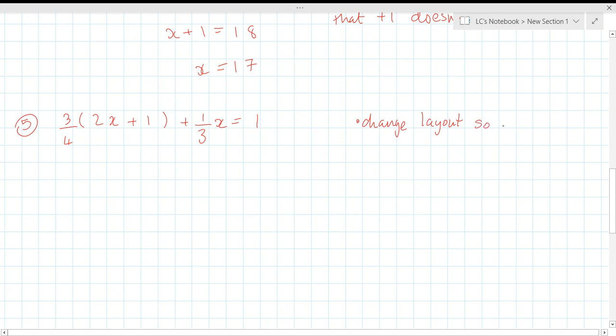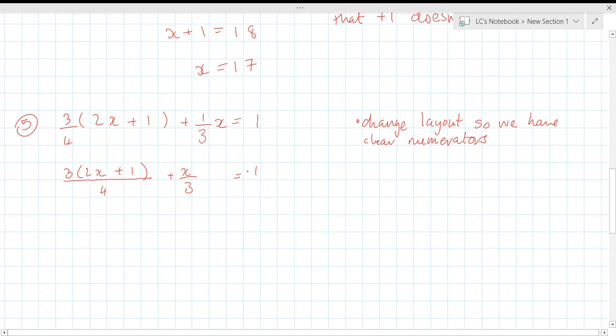So we have really clear numerators. What I'm going to do is write this slightly differently: 3 bracket 2x plus 1 all over 4 plus x over 3 is equal to 1. That's a personal preference from me.